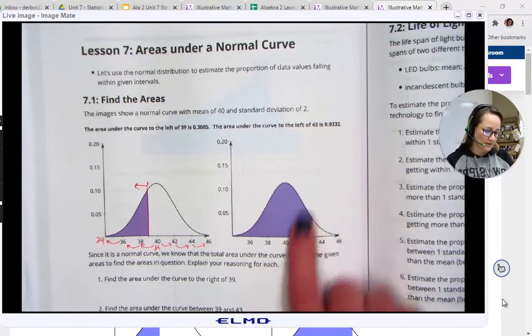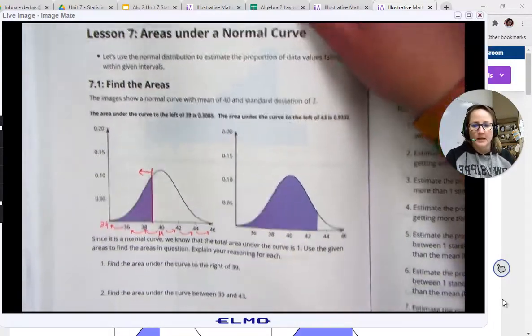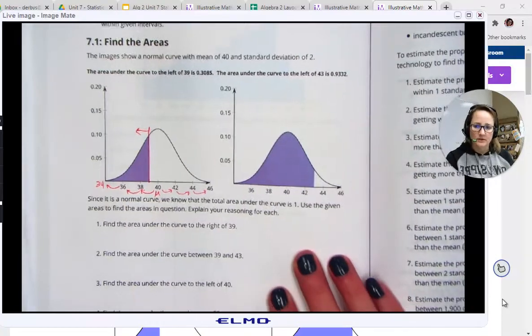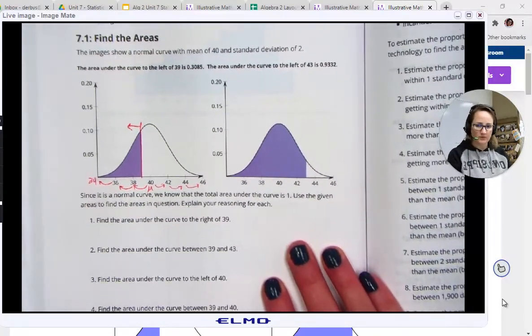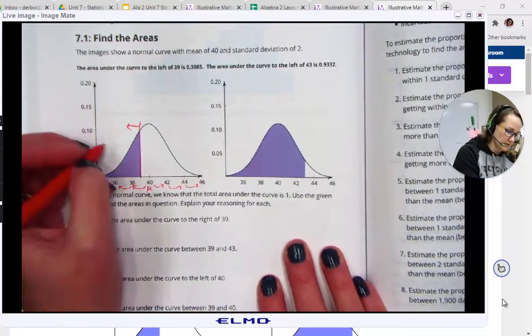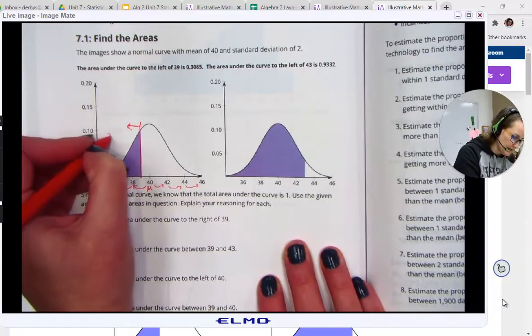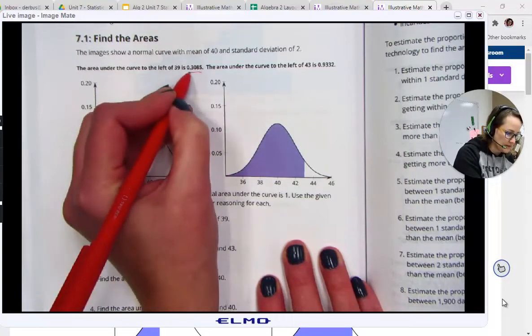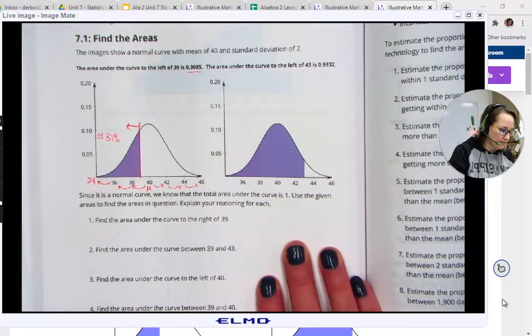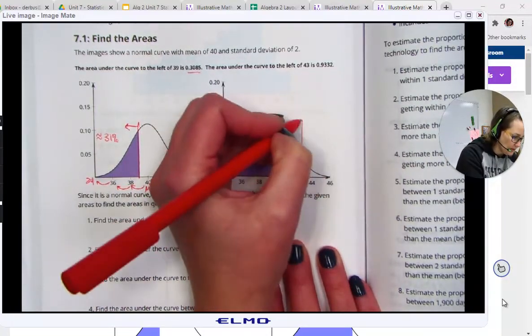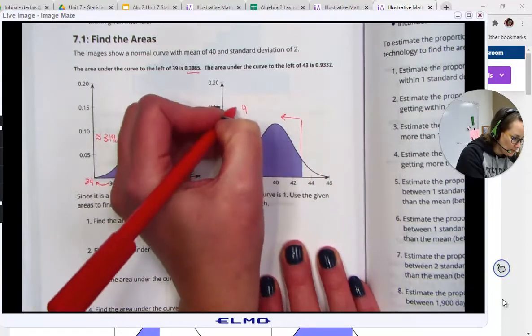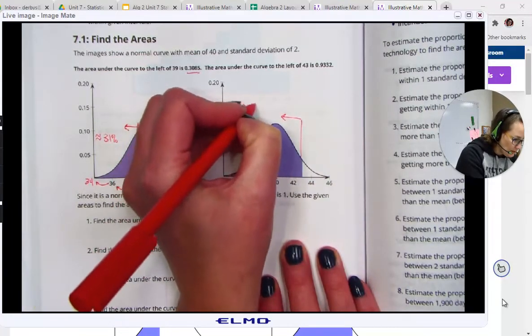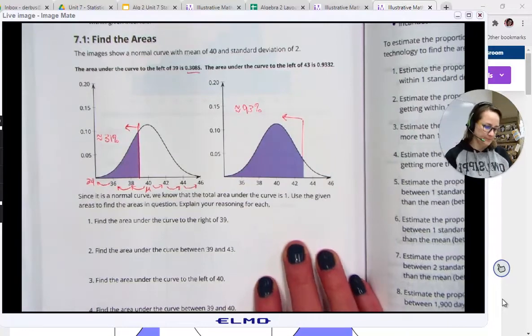That's how we're interpreting that. So it tells us these two values that we are given so far. Okay, so this is about 31% of data. I know that because of this 0.3085. And everything from here this way is about 93% of all the data. Okay.